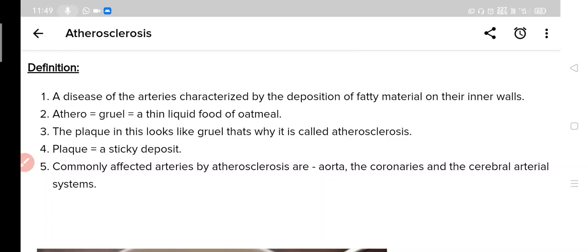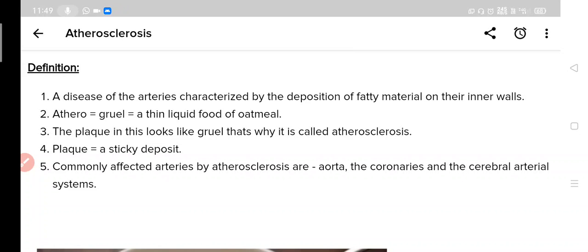And why is the name atherosclerosis given here? Because the plaque which is formed in atherosclerosis looks very much like the food gruel. Due to the similarity in looks, the name athero is taken. Understood?